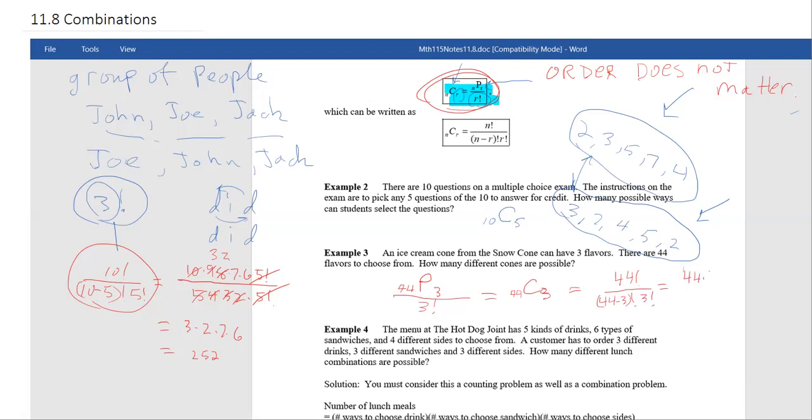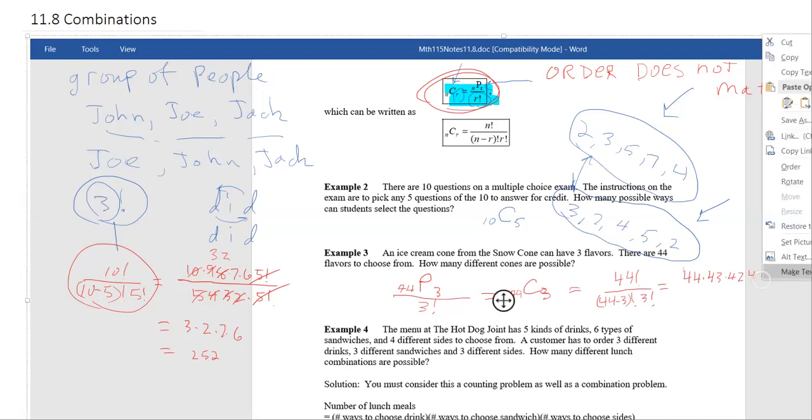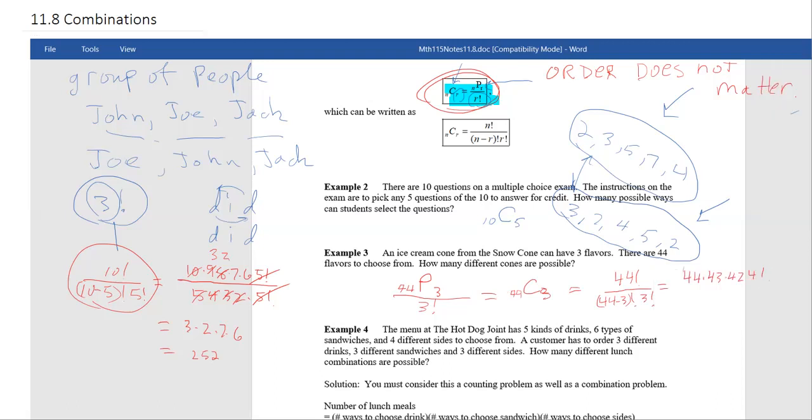Although the numbers look big, you shouldn't be scared. This is 44, 43, 42, 41, and that's where I'm going to stop, 41 factorial, because down here I have 41 factorial and a 3 factorial, which is a 6. That cancels with that 41 factorial. So I really just have this, and I got a 7. So this isn't bad at all.